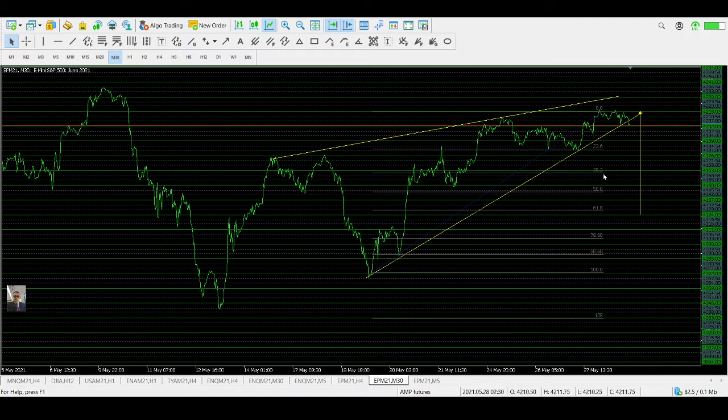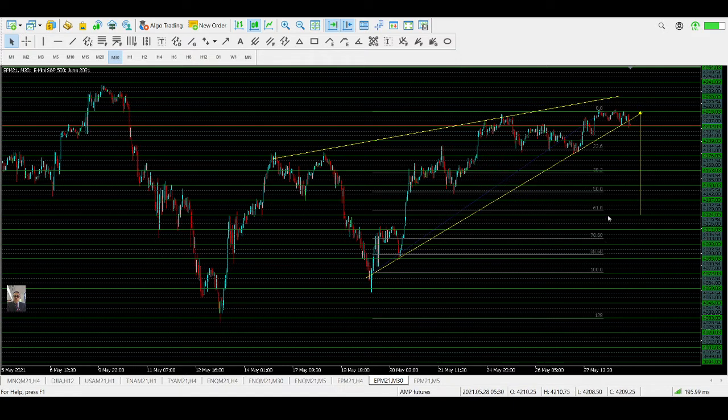But 38.2, 23.6, which is a minor drop, and if it holds, it's probably around this level. As you can see, it's in line with this level here, which is a resistance or support. But 38.2, 61.8, and I think 78 and 88.6 are levels that I normally watch.